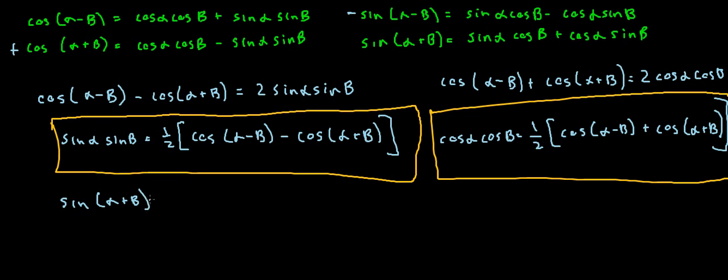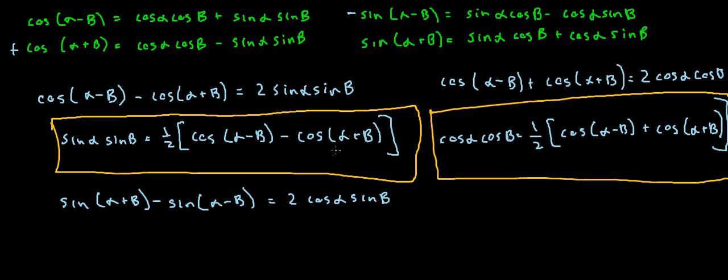Sine alpha plus beta minus sine alpha minus beta. Now I'm subtracting this top term, so these terms are going to cancel out. This minus will become a positive, and then I'll have 2 cosine alpha sine beta.